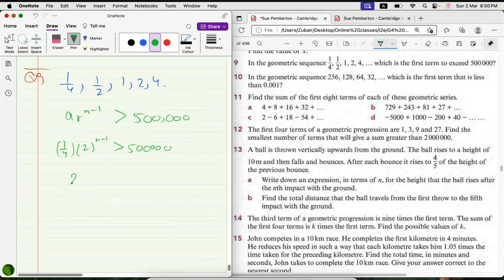So multiplying with 4 on the other side, that's 5 and 1, 2, 3, 4, 5 zeros. And then we apply log: n minus 1 is greater than log of 20,000 to base 2, using calculator.